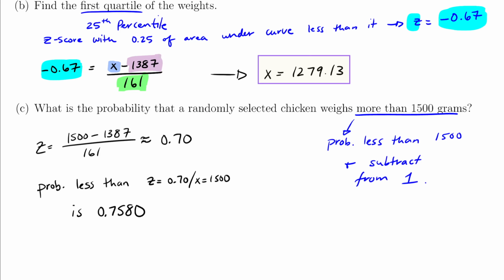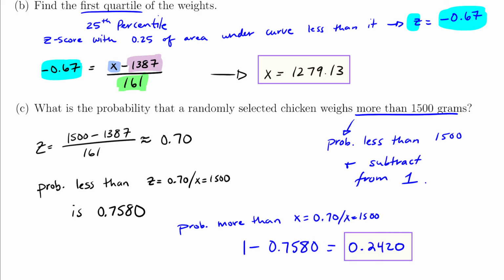To translate that into what we're looking for, to find the probability of more than, that will then be 1 minus 0.7580, which gives us 0.2420.